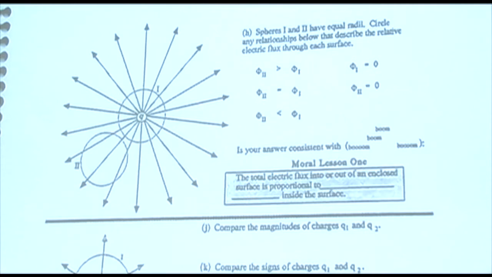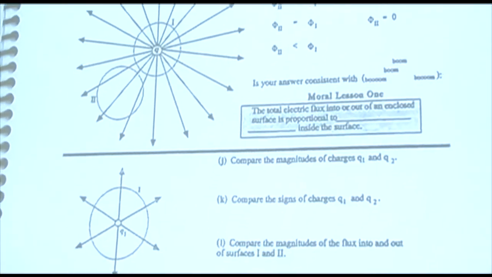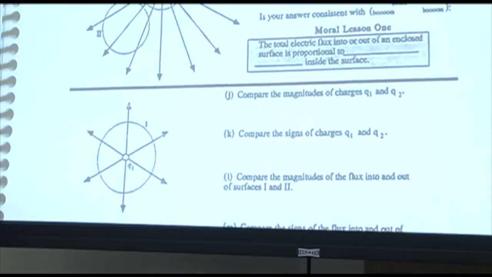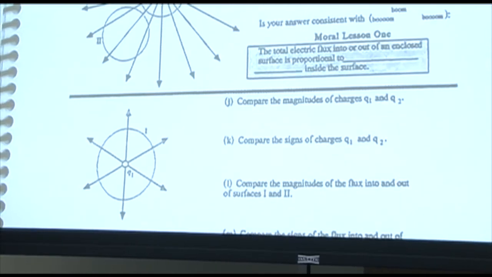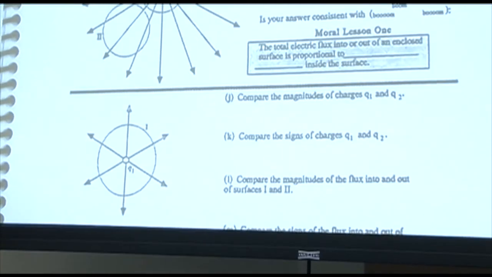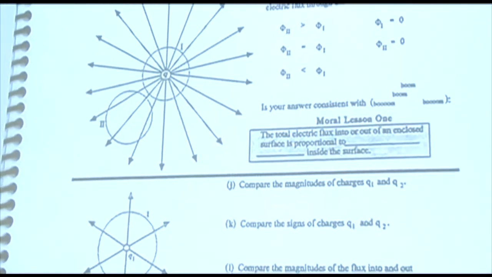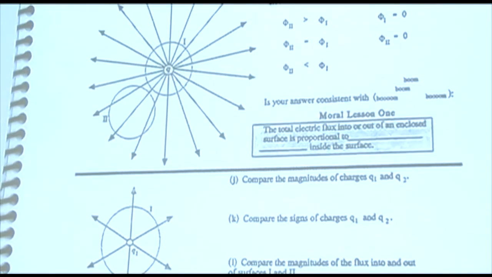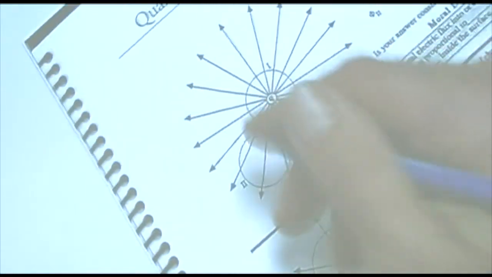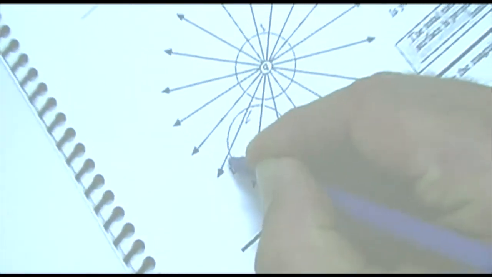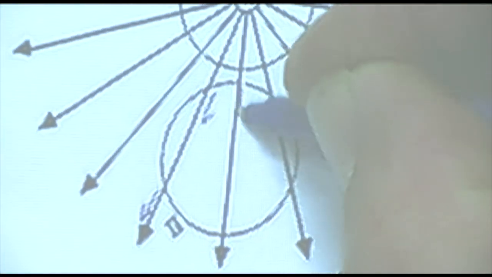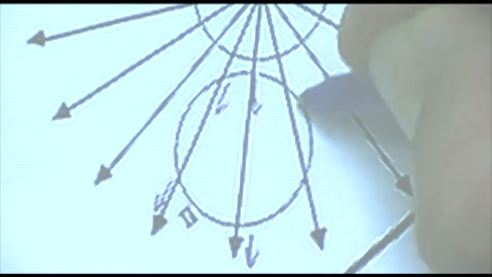How about circle 2, sphere 2? Some of them are going in and some are going out, if you look at how they intersect the surface. Let's see, right here, you've got one coming in. Here you've got it coming out. Coming in, going out.